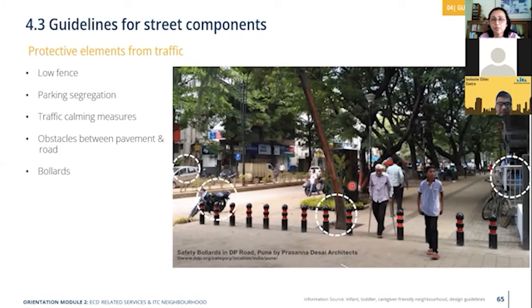Parked cars, like you can see on the other side of the street, can be in a demarcated space only so that they don't overlap onto the sidewalk and take the place which is marked for walking, and put a lot of obstacles between the pavement area and the road so that vehicles cannot accidentally come inside the space which is meant for only walking. So these could be some of the components if you want to put protective elements like bollards, and how you could use these components.